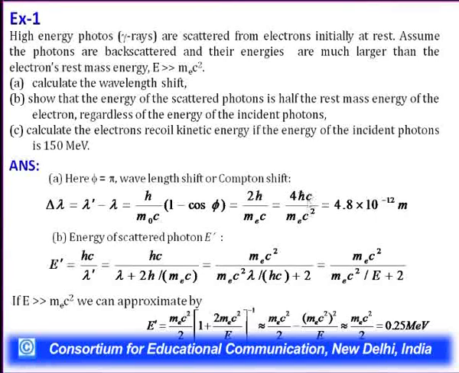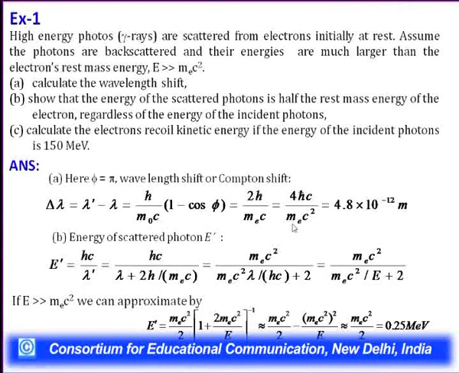Here it is multiplied and divided by c, with h bar equal to h by 2 pi. The value of delta lambda calculated is 4.8 into 10 power minus 12 meter. All the values are given here.